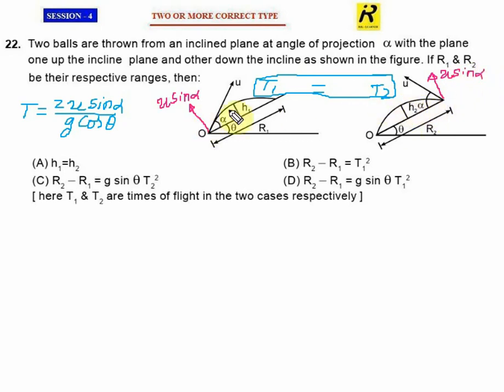So both have the same time of flight and same vertical velocity. The acceleration due to gravity along the plane will be g sine theta, and perpendicular to the plane it will be g cos theta. So both projectiles have the same component of acceleration due to gravity perpendicular to the plane, g cos theta.